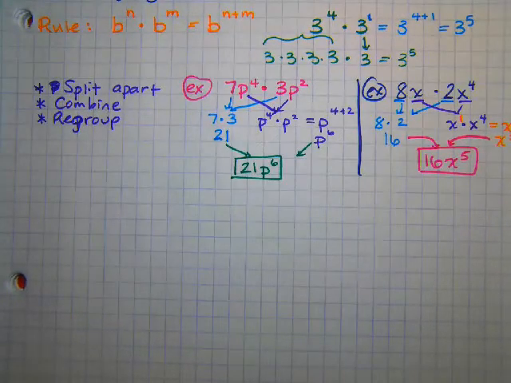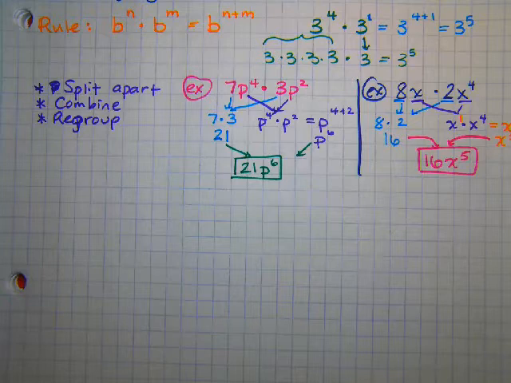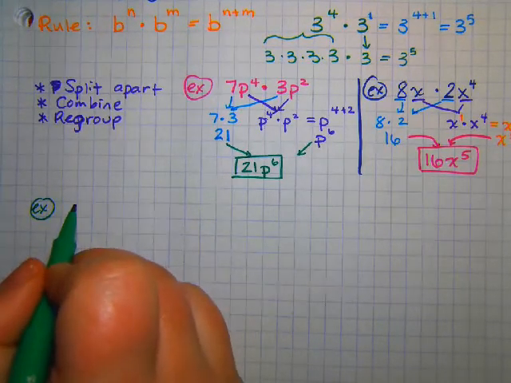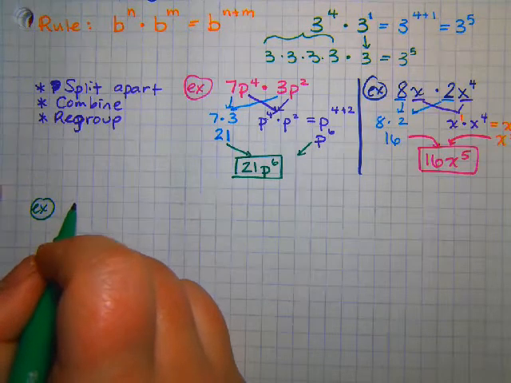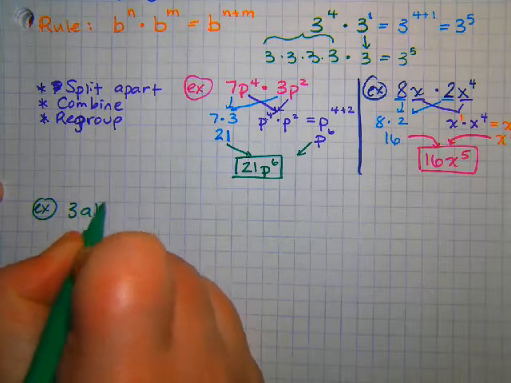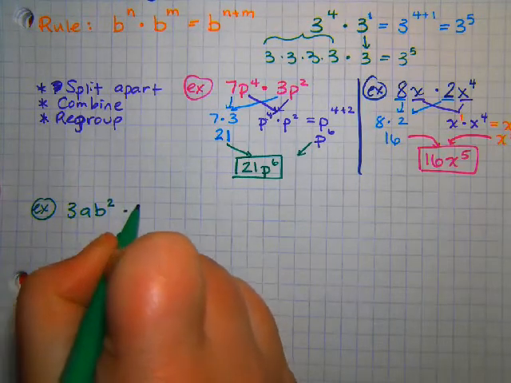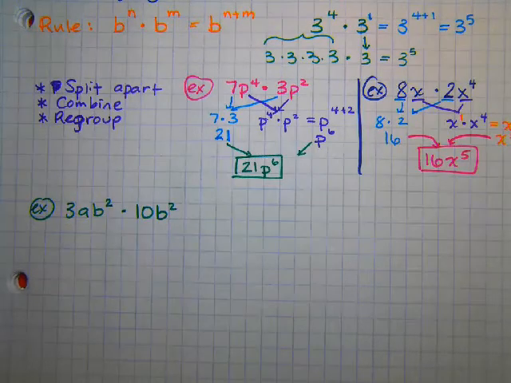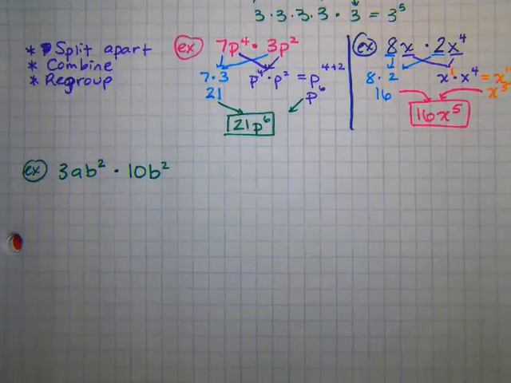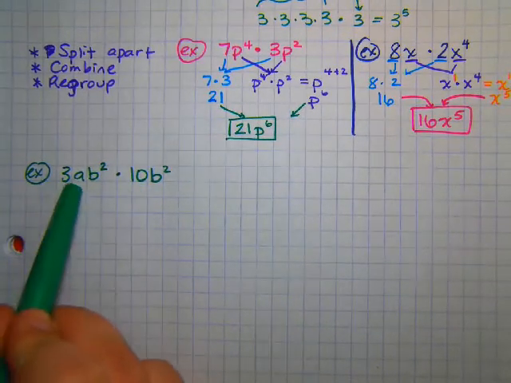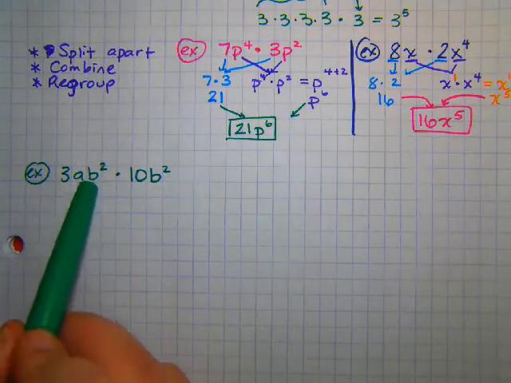So let's say, for example, we have 3ab squared times 10b squared. Okay, so now notice I have the numbers 10 and 3 and two different variables. I have a and b squared.